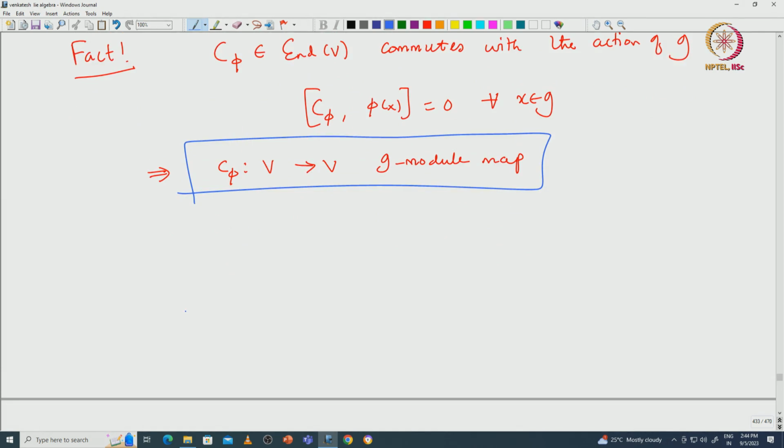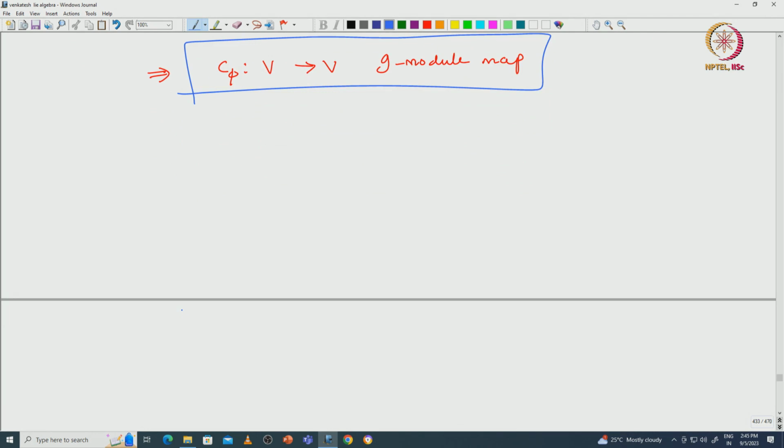For this purpose, first we need to fix some notation and then see some relations between the coefficients that are involved in the computation. So, let us start with some x in G and write the bracket x comma x_i to be the summation a_ij x_j, where j runs over 1 to m.